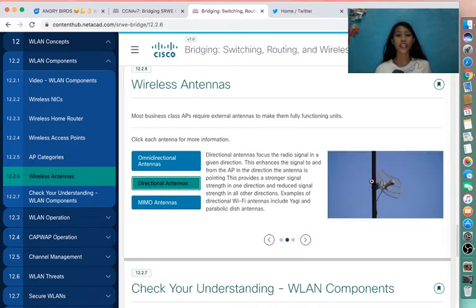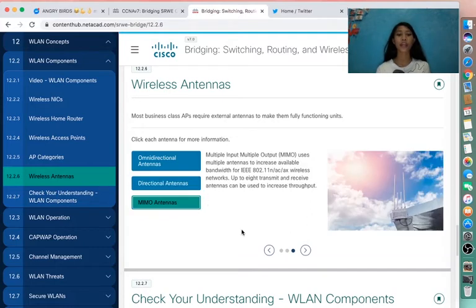Directional antennas focus the radio signal in a given direction. And MIMO antennas use multiple antennas to increase available bandwidth for IEEE 802.11n, ac, and ax wireless networks.